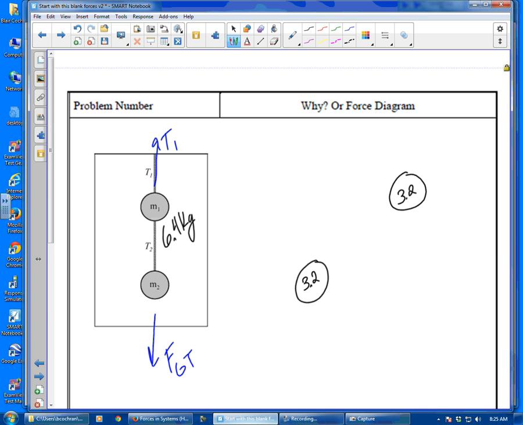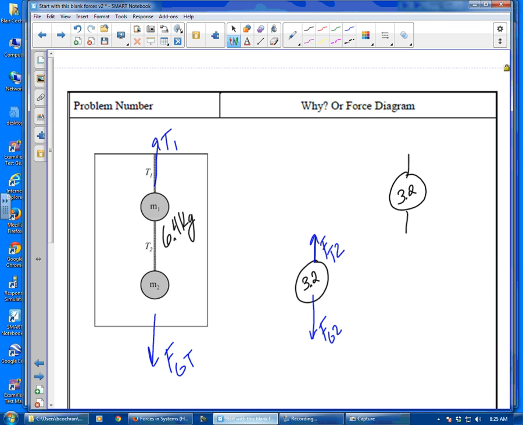T1 up. Here on M2, because I should draw on my chords, downwards here I'm just going to have F sub G2. Upwards, I would have FT2.